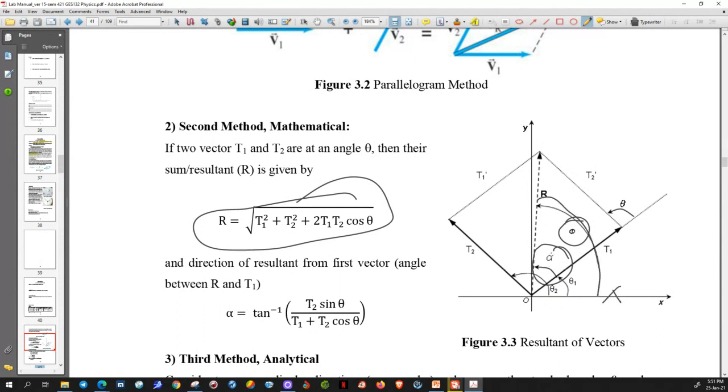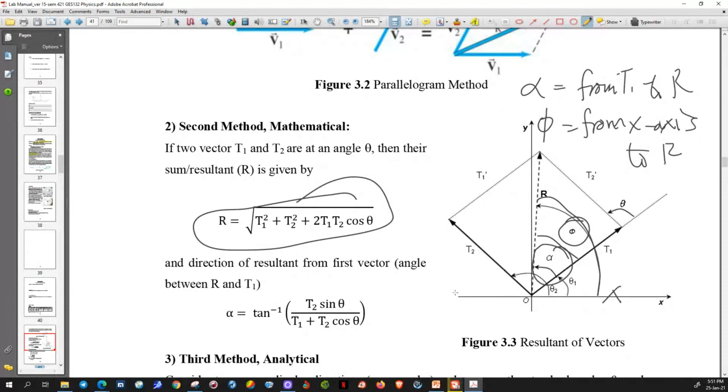The difference, alpha, is the angle from T1 going to the resultant. So alpha is from T1 to resultant. Phi is from the x-axis to the resultant. That's the difference, okay? So let's go back to our calculations.